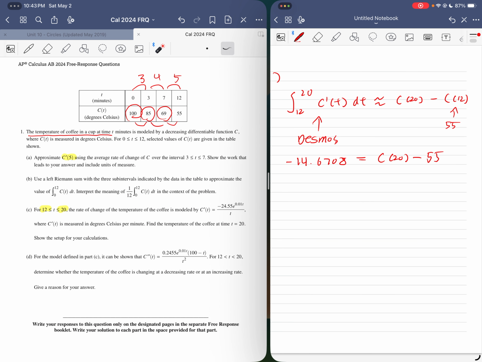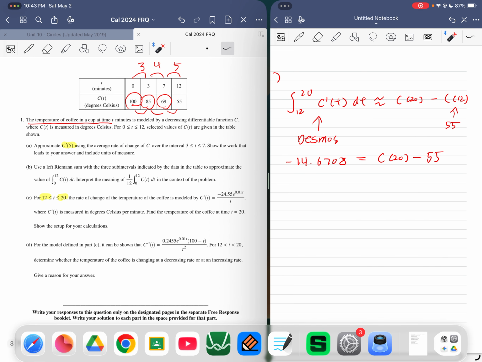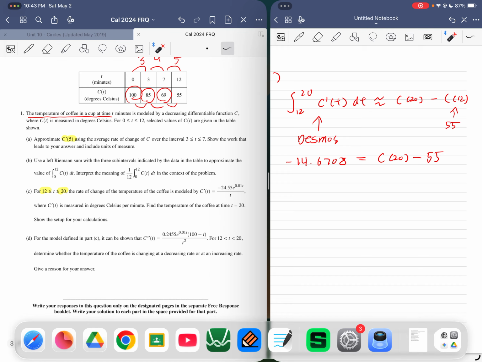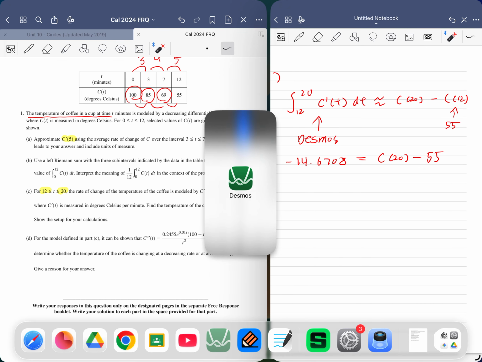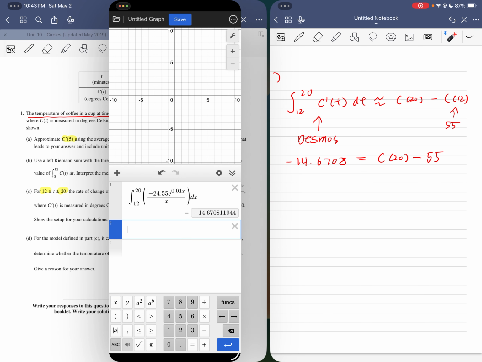So the only thing that you have to do is to solve for this. Again, you don't have to do much. The only thing that I'm gonna do is negative 14.6708 equals, instead of C of 20, I'm gonna use X minus 55.